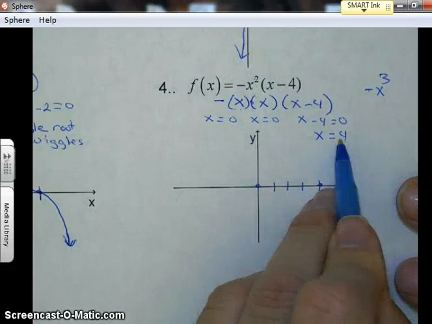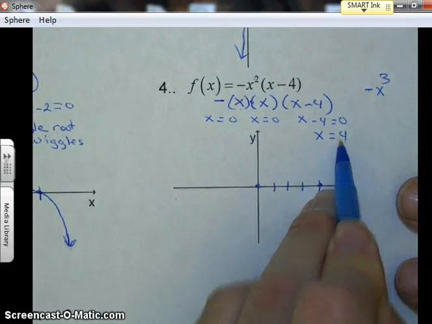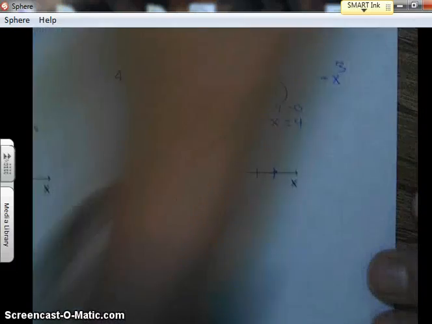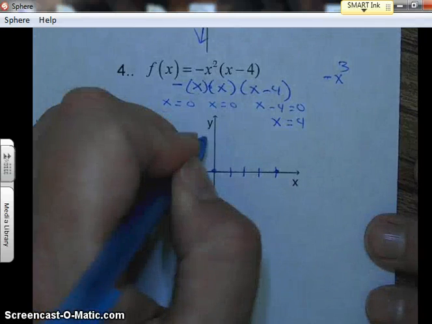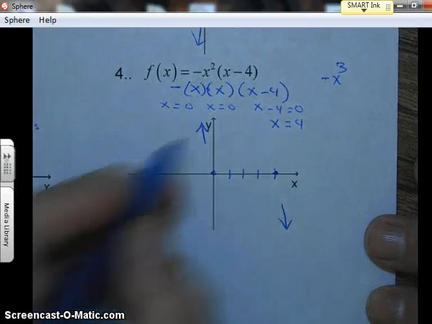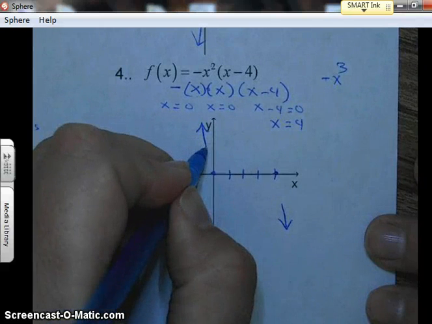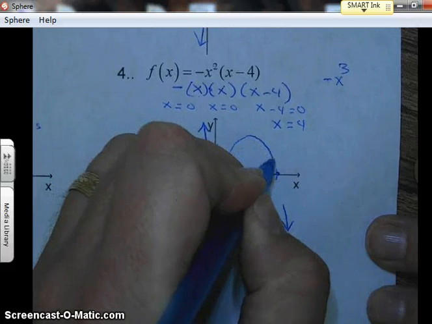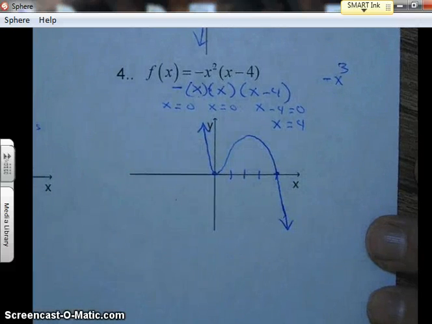This is a single root, so here it's going to cross. So again, up on the left, down on the right, bounce at the double root, and cross at the single root.